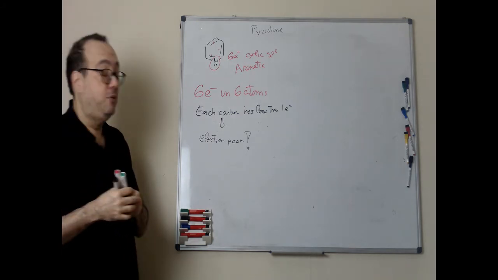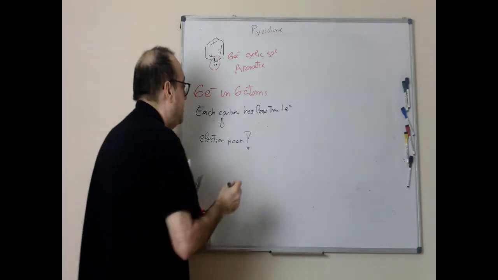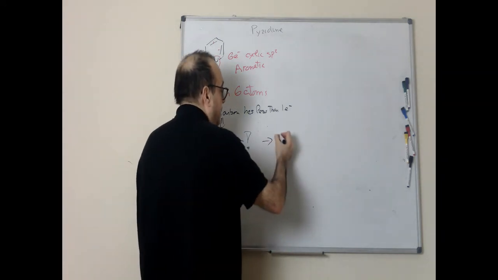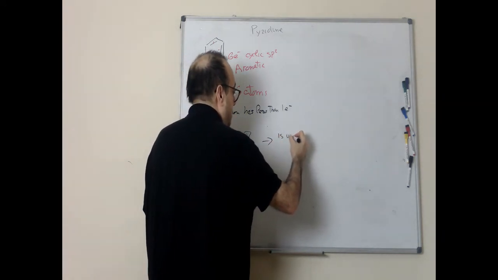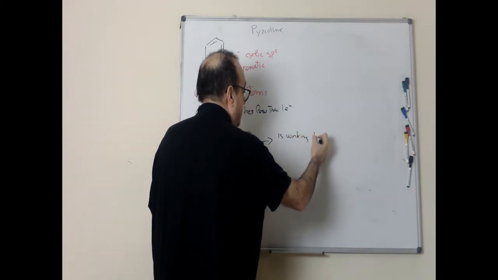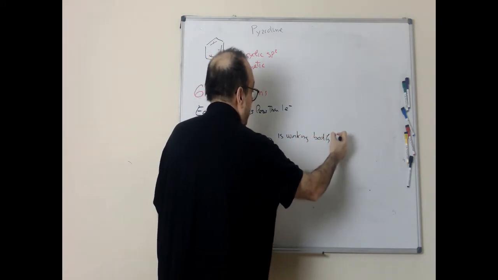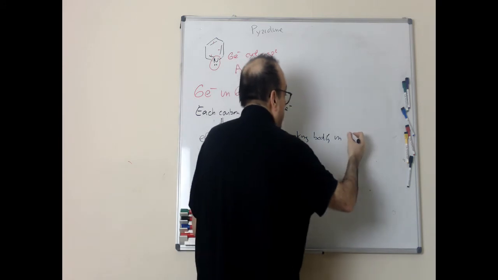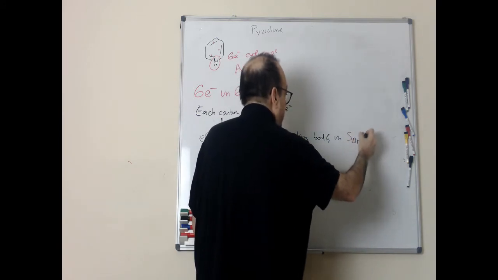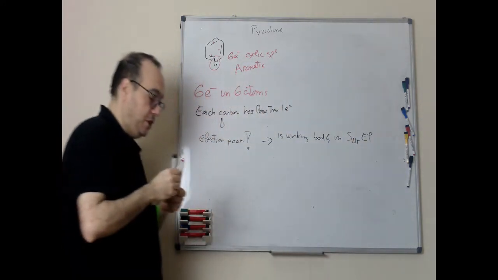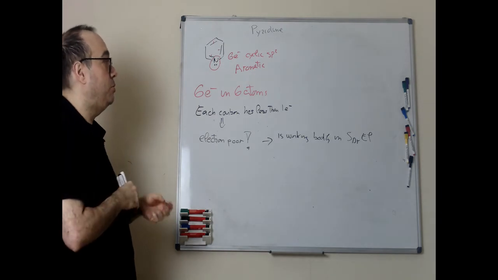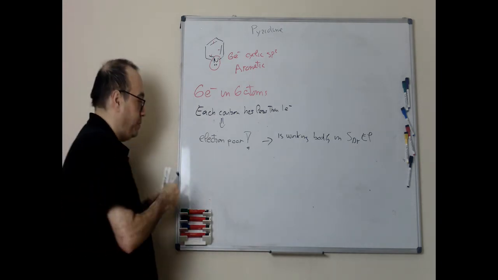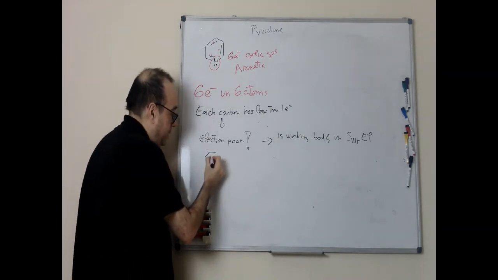What does electron poor mean? Electron poor means that it is working badly in electrophilic aromatic substitution. That means it will not be a good substrate. Remember that with pyrrole, for example, we have this.